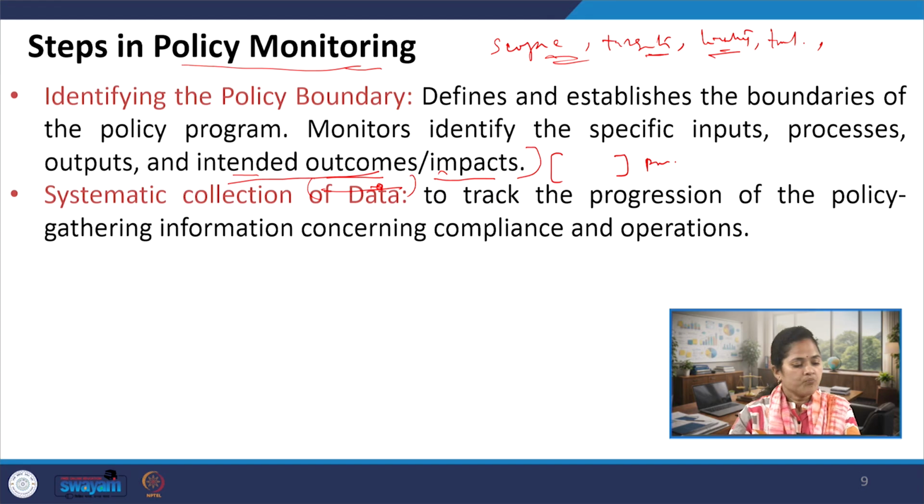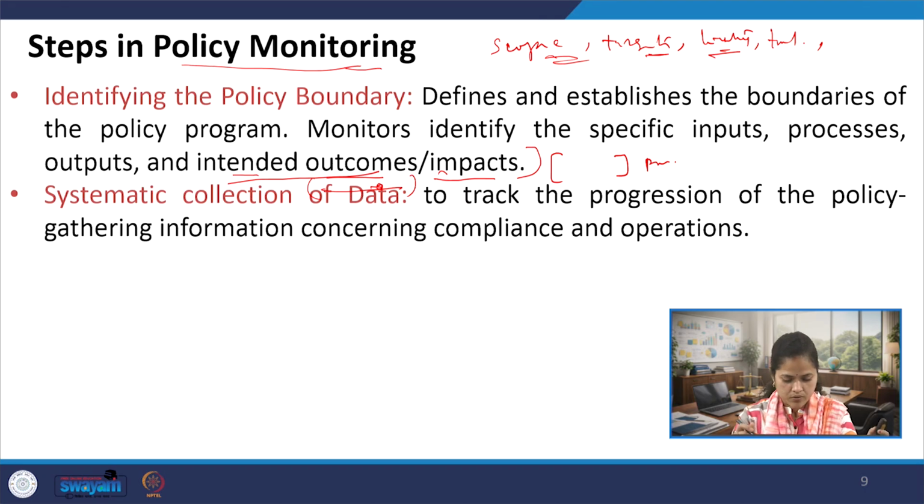Okay. And through this systematic collection of data, we will be able to track not only the progress of the policy implementation, but also to what extent compliance and operations have been taken care of.